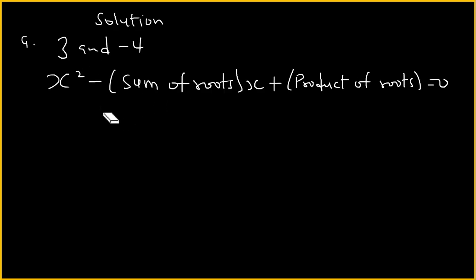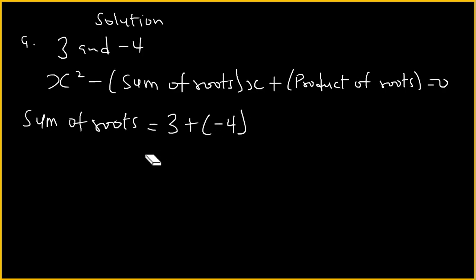Our sum of roots is equal to summing up these roots, which is 3 plus (negative 4). So 3 plus, and then the negative sign dominates negative 4, and our result is negative 1 for the sum.